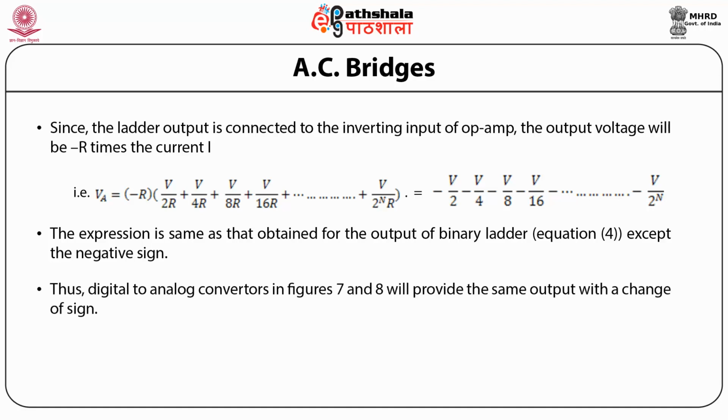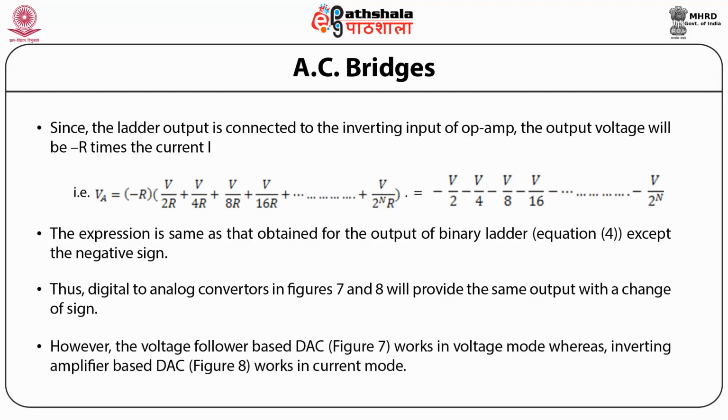Thus, digital to analog converters in the form of a voltage follower and an inverting amplifier will provide the same output with a change of sign. However, the voltage follower based DAC works in voltage mode, whereas the inverting amplifier based DAC works in current mode.